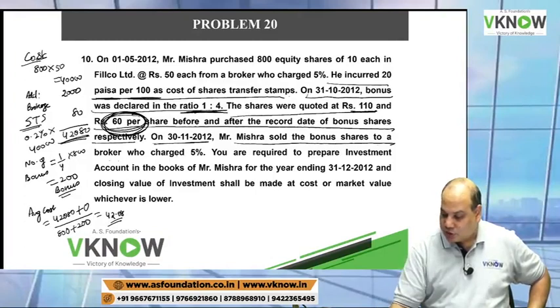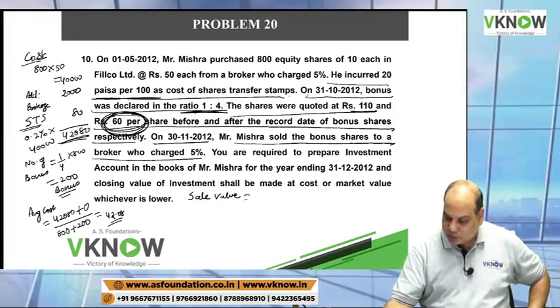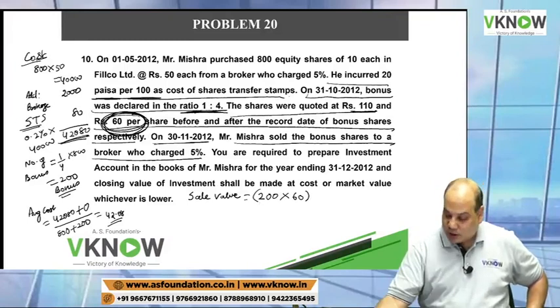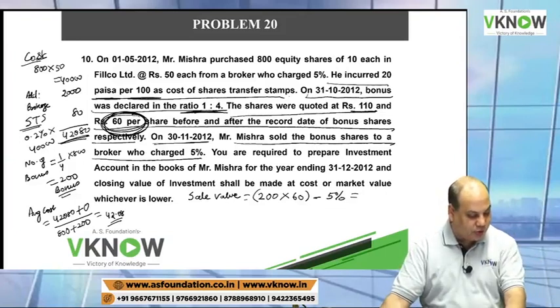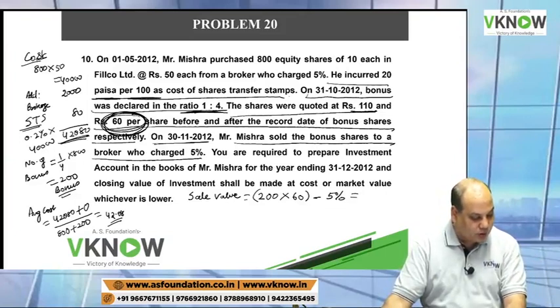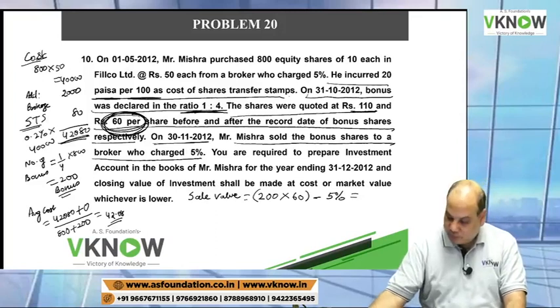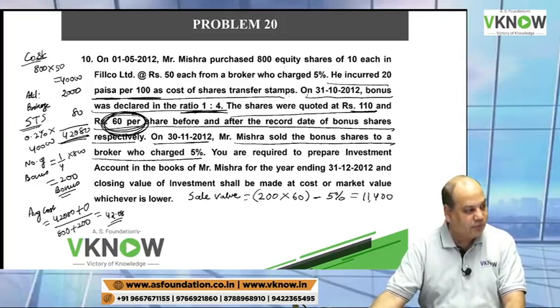Mishra sold bonus share to a broker who charged 5%. So sale value will be, number of bonus share is 200 into market price after bonus issue is 60 minus 5% brokerage. So sale proceed would be 200 into 60 minus brokerage 5%, that is 11,400.